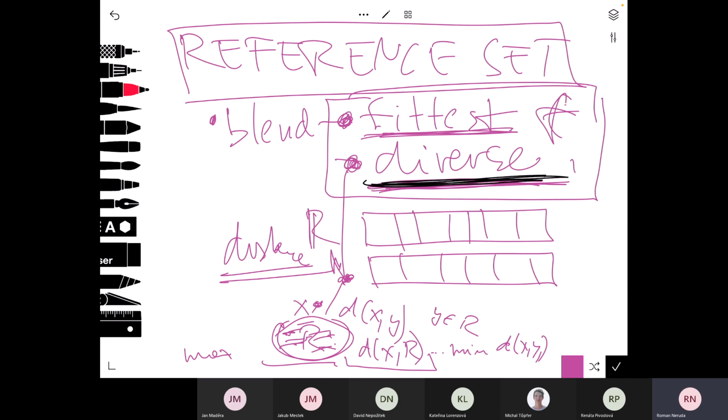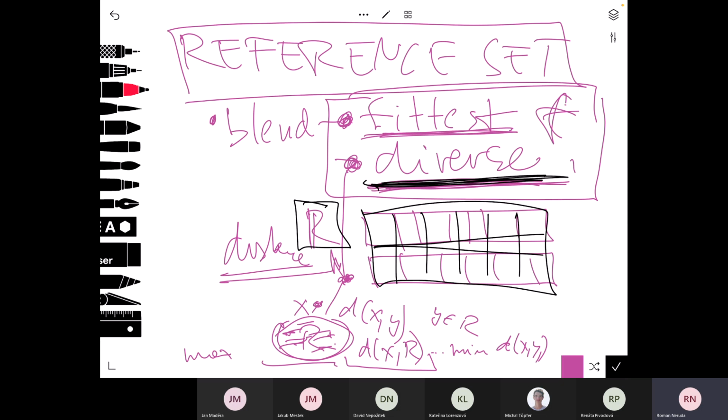We're computing distances in the genotypes here, and when we're generating new ones or considering which ones will go into the reference set, diversity is an important criterion. So it definitely has exploration capabilities because it explicitly works with exploration.